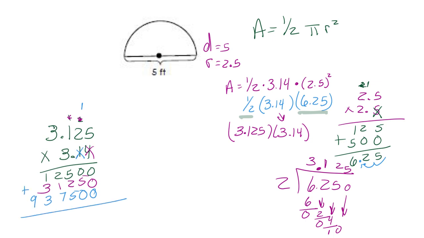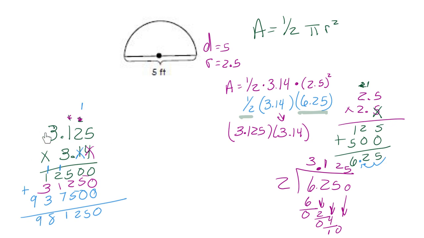Add all those up. So 0, 5, whoop, wrong button. I have a 12 here, carry the 1. 7, 8, 9, 10, 11. Carry the 1. 3, 6, 7, 8 here. And then the 9 is here.